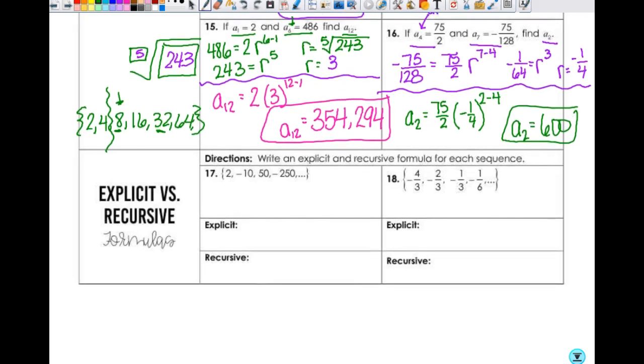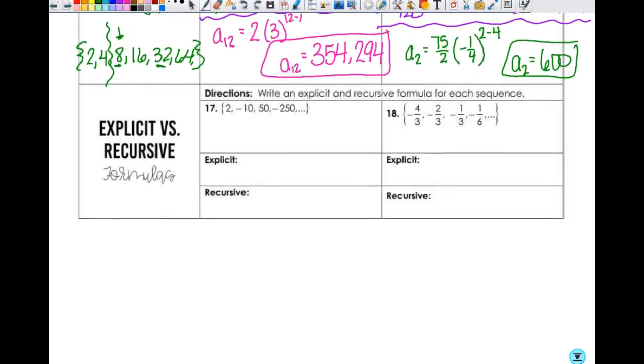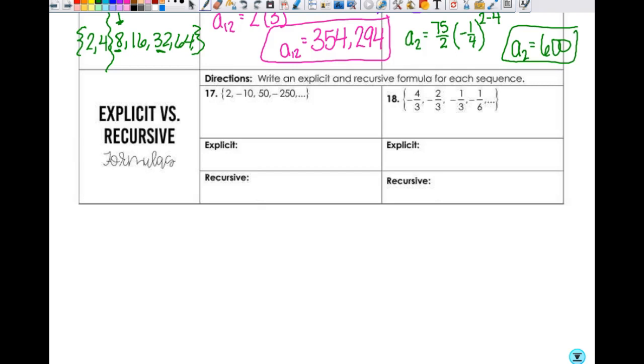All right, good deal. All right, so let's look at explicit versus recursive formulas for each sequence. So remember that your recursive formula is the one where you're just describing the pattern. So if you look up here, you could tell me what's happening here. Times -5. So I'm multiplying by -5, right?